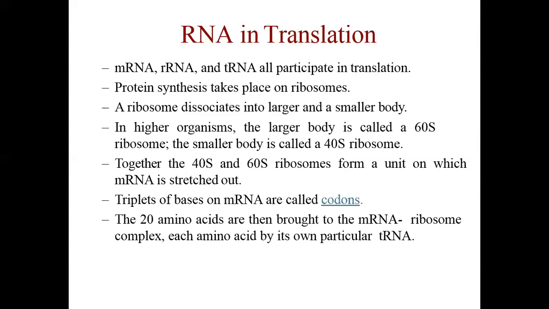Protein synthesis takes place on the ribosome in the cytosol. A ribosome dissociates into larger and smaller subunits, and these are different in prokaryotic and eukaryotic systems, but the basic mechanisms are the same. The small portion of the ribosome, known as the 40S ribosomal subunit in the eukaryotic system, is where the mRNA can sit.